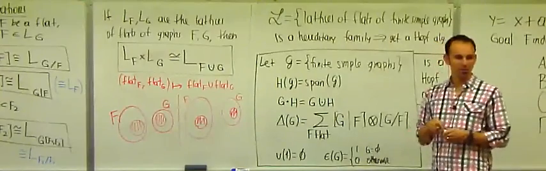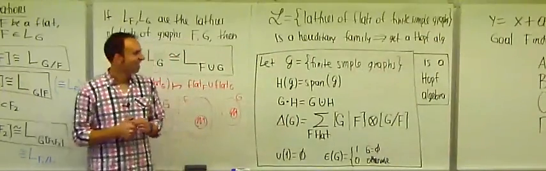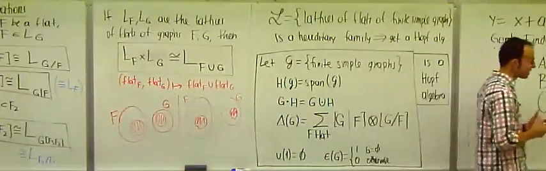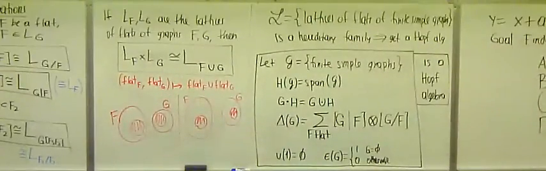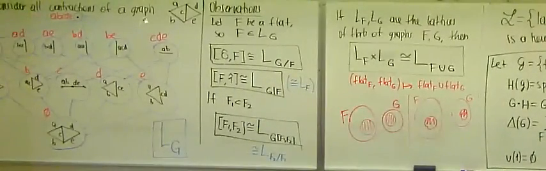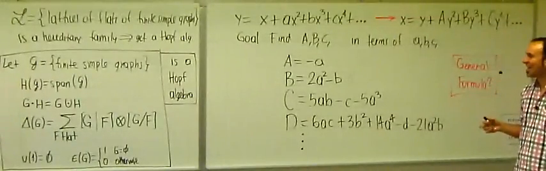Any questions about this Hopf algebra? Wait, what happened to the general formula? Yes, it's very natural for you to ask, what on earth are you doing? I thought you were going to talk about analysis, and so far I haven't said anything about this. We'll get there.